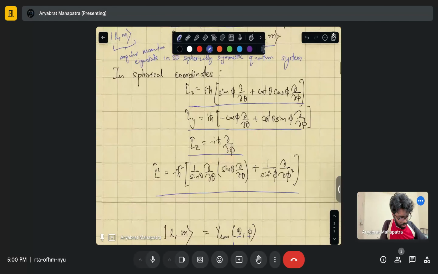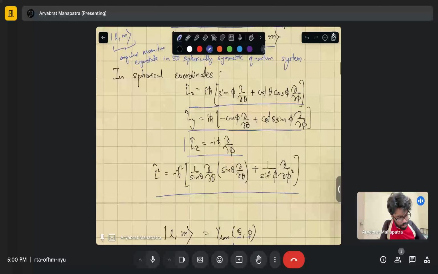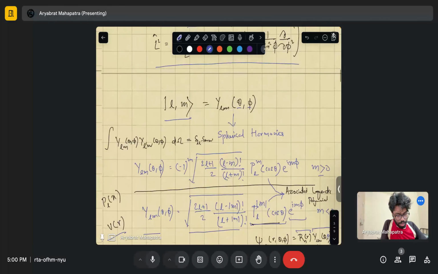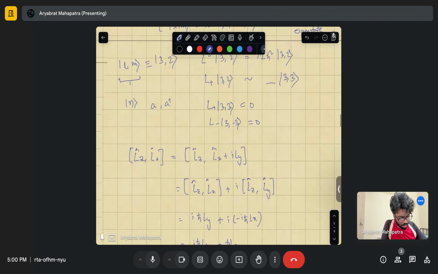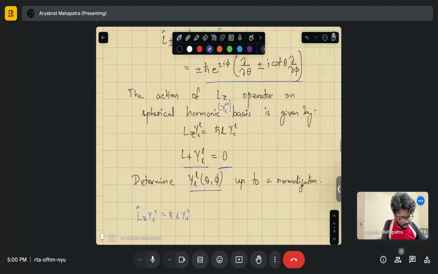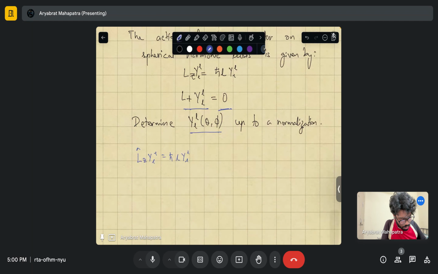So this is the form of LZ. Using this LZ form, minus i H bar del by del phi YLL is H bar L YLL. So that is what I can write.